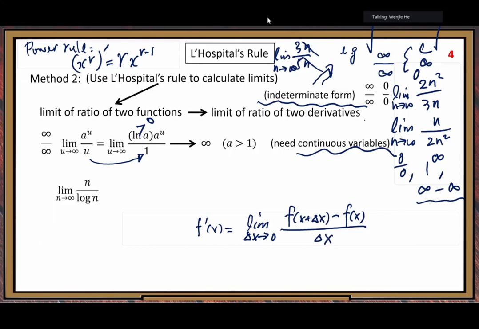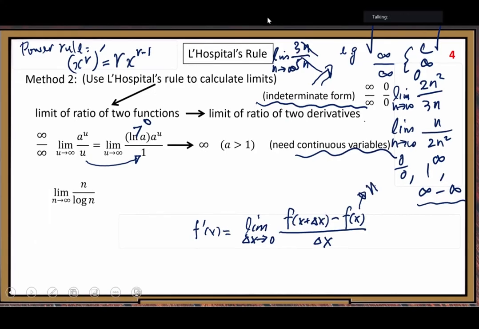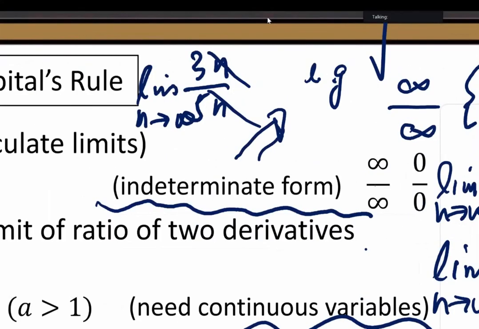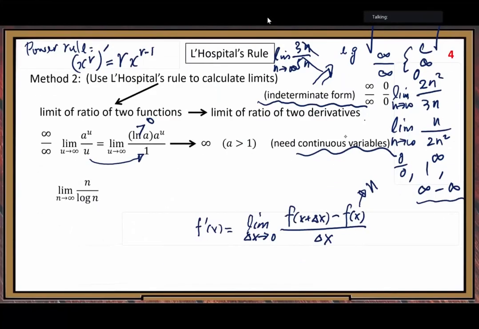But when your f function is a discrete variable function, x plus delta x, what's that value?